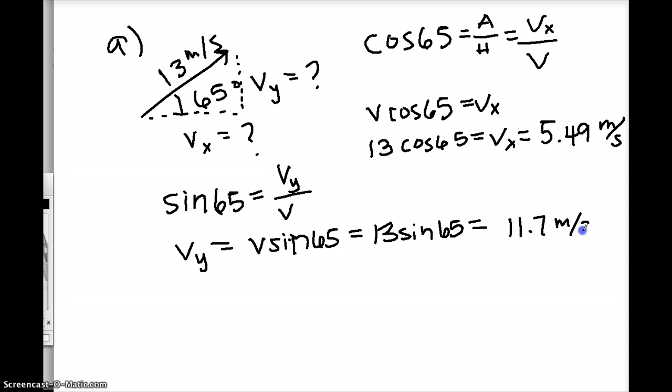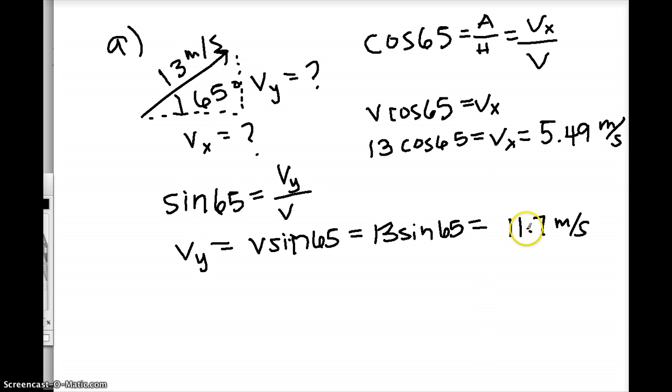So at this point, I may want to do a little gut check, just to check that these numbers make sense. Now I can go ahead and plug them into the Pythagorean theorem, or do some mental math to see that those make sense. If this is 65, then this must be 25. And so the side that's opposite of 25 degrees should be shorter compared to the side that's opposite of the 65-degree angle.